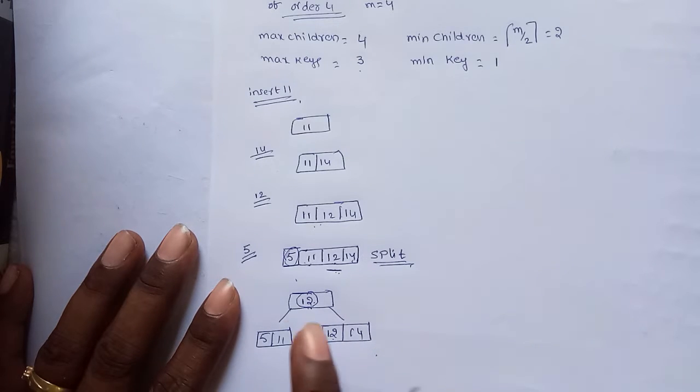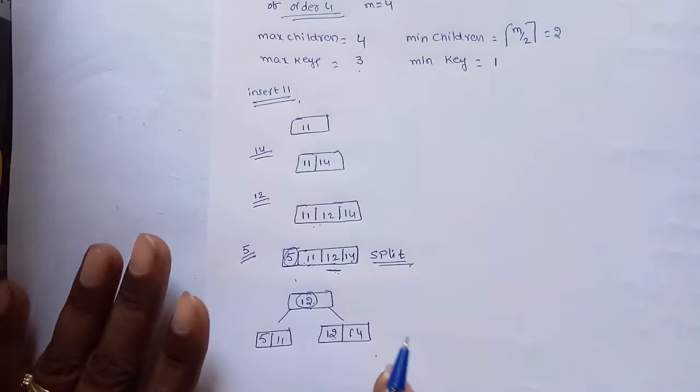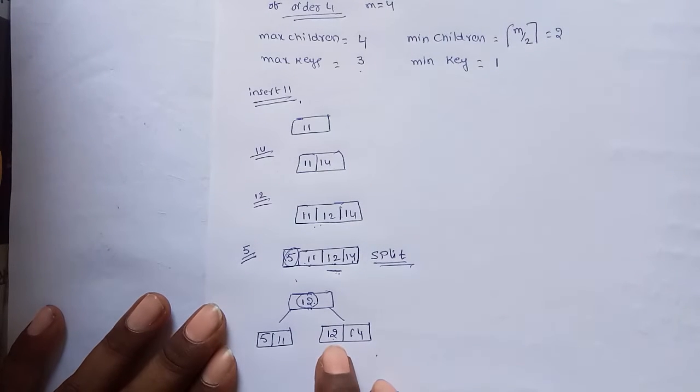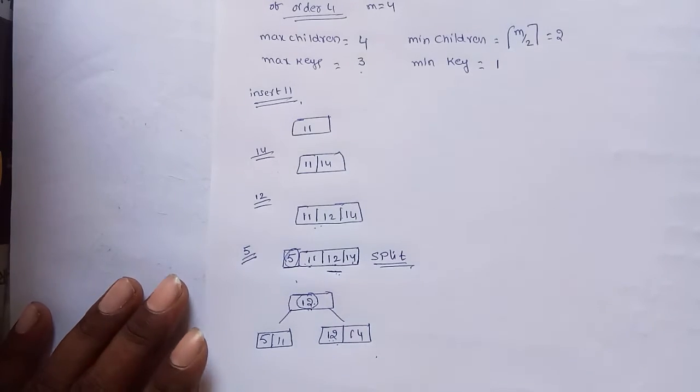Based on the index, all the values greater than or equal to 12 are placed on the right hand side. In B plus trees, remember, whenever we perform a split operation on the data node, that split value is moved to the top. At the same time, it is present at the leaf level also.